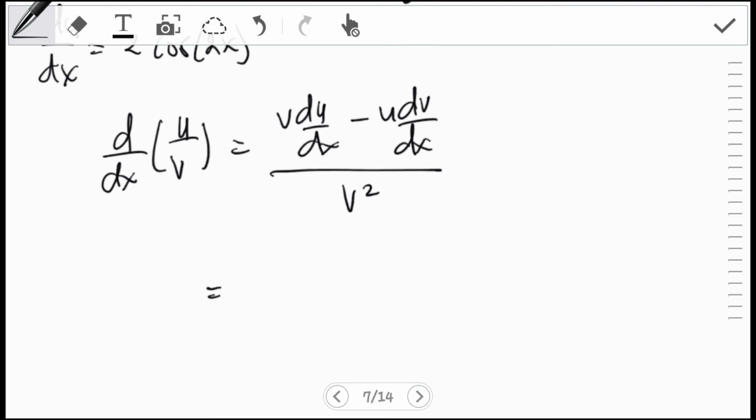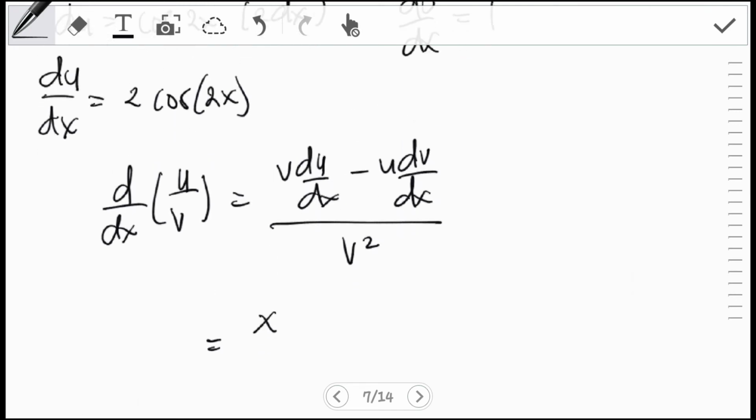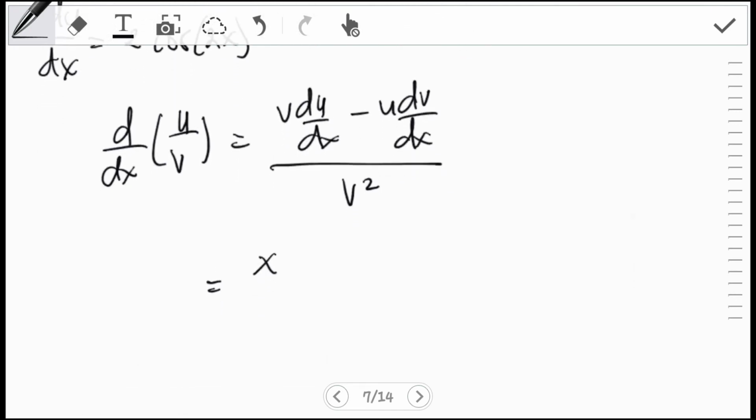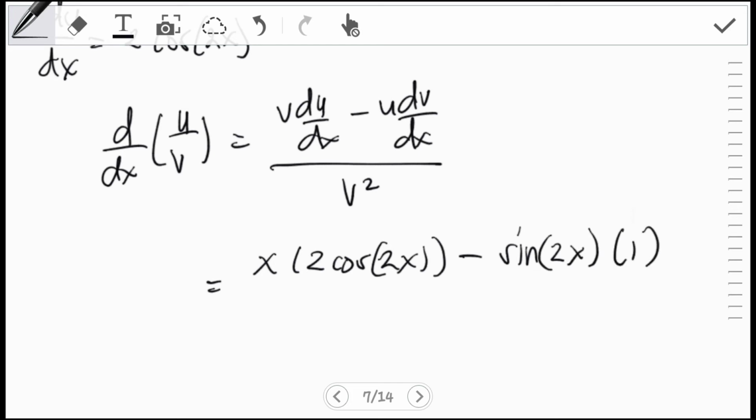So where v is x, where du over dx is equals to 2 cosine 2x, minus u is equals to sine 2x. And then dv over dx is 1, okay, over x squared.